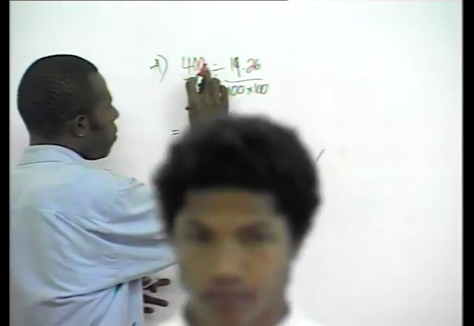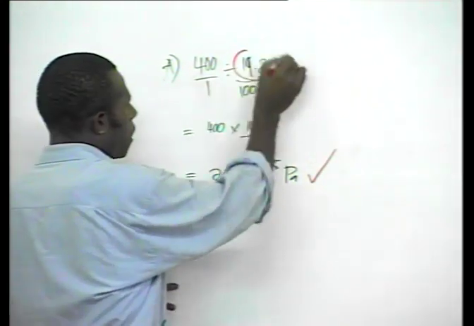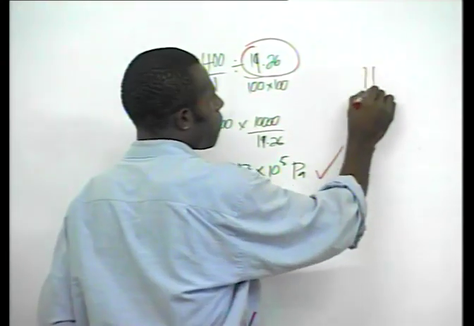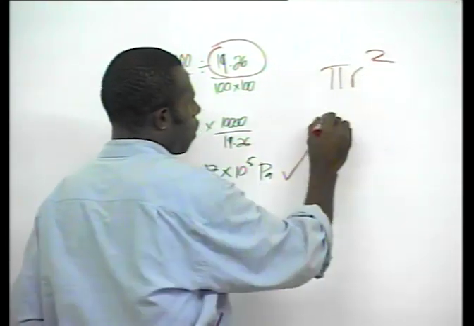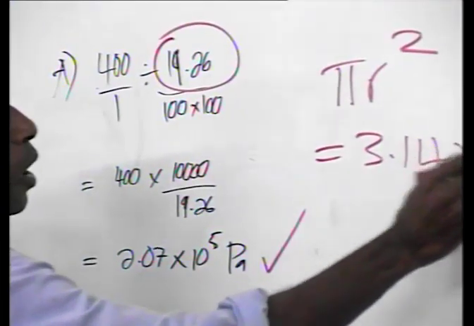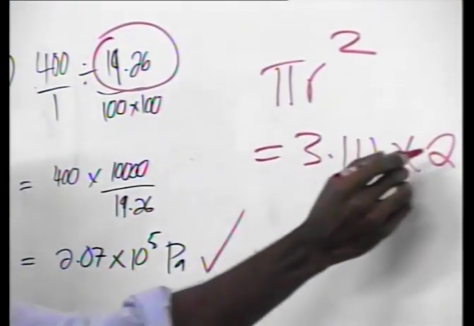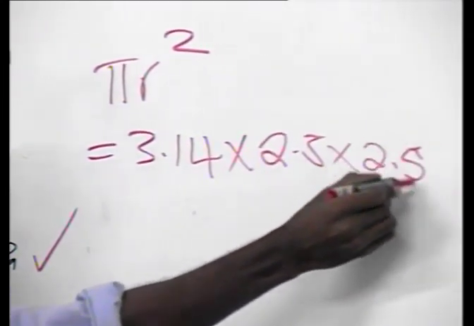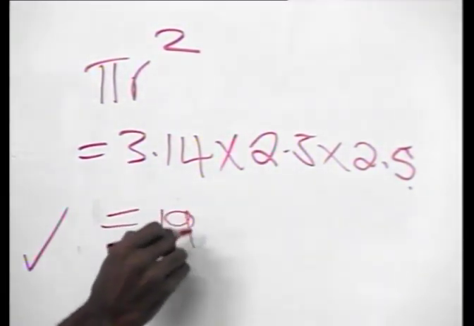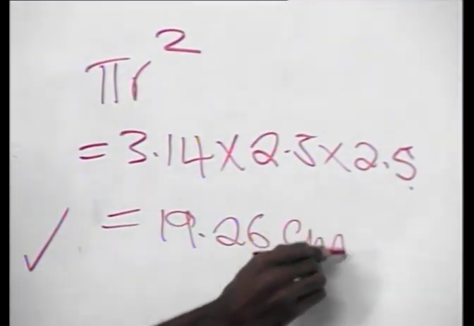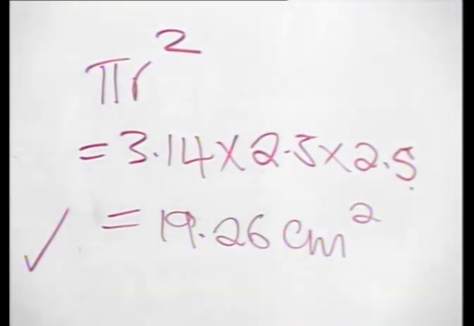Now, how did he get this 19.26? That is area, which is pi r square. So that is 3.14 times 2.5 times 2.5. So that gives you 19.26 centimeters square. But how do you convert that to meters?